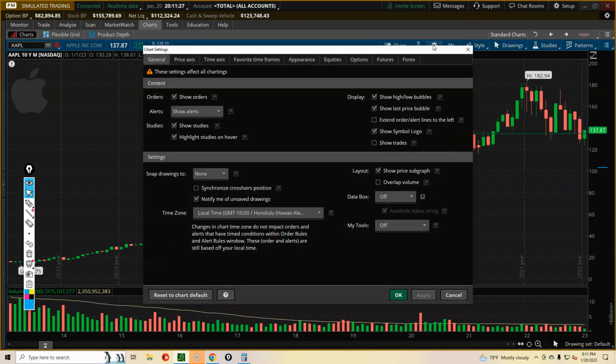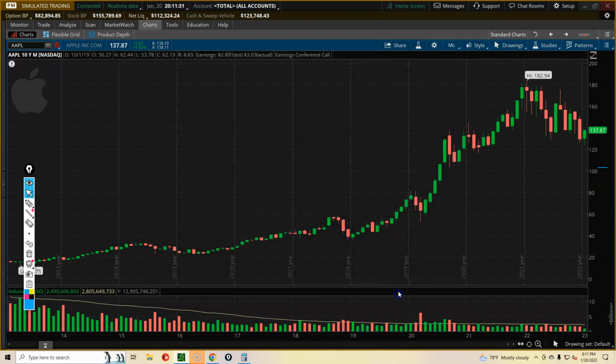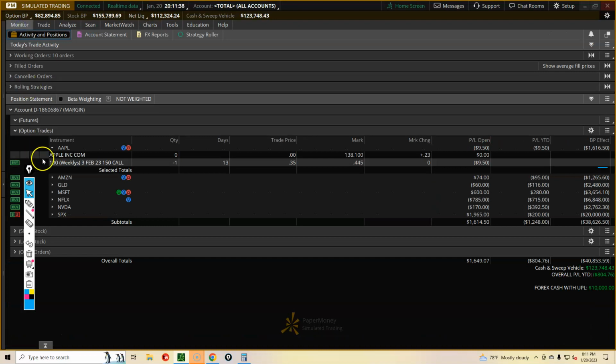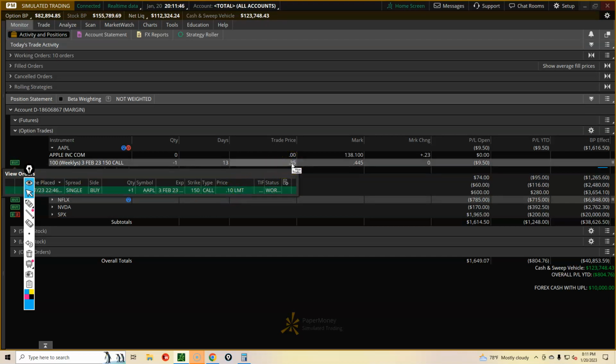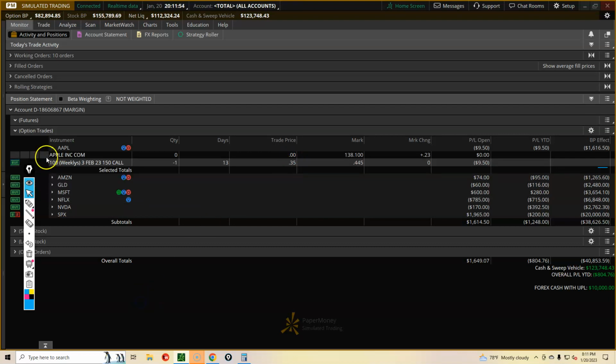Again, I want to take that off there. You know what that is, I have this right here that was showing this order. I have this order to close it out at 10 cents. I sold to open for 35 cents, and I want to buy to close for 10 cents. That's what I have on here right now.